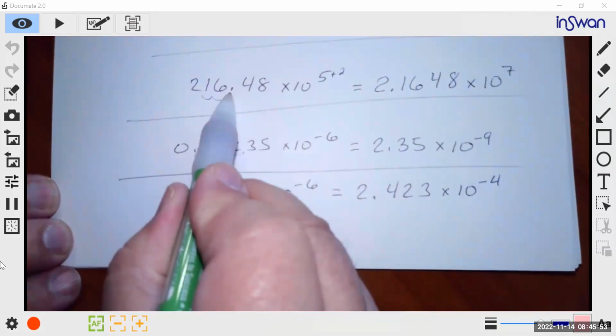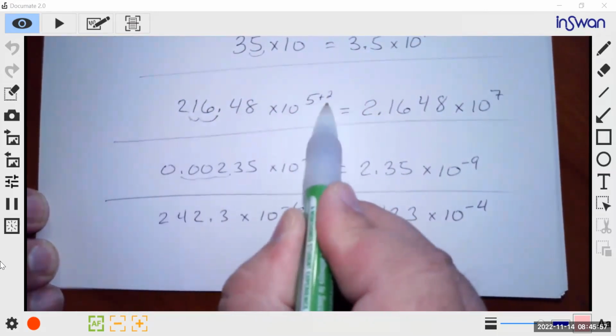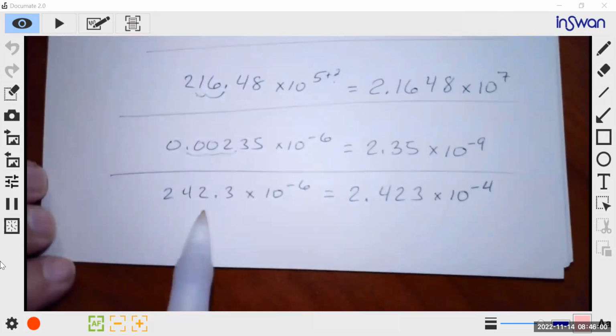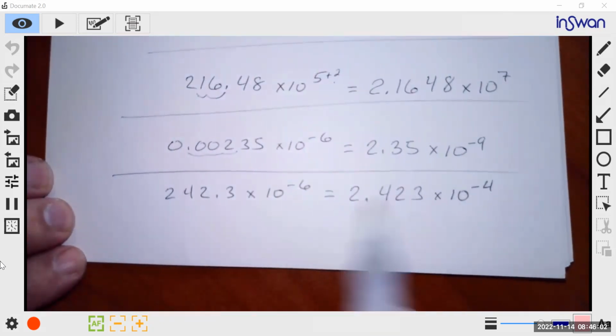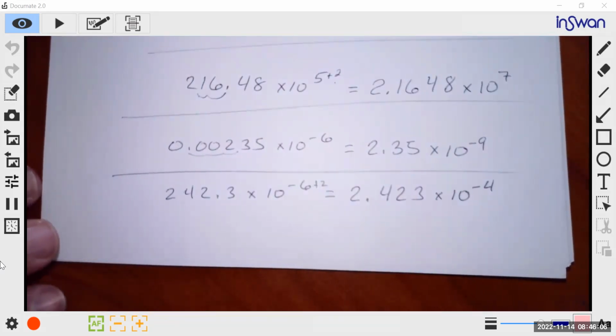Whenever we move the decimal, like this one up here, we moved it 2 to the left, so we added 2 more. When you move to the left, you add. When you move to the right, you subtract.